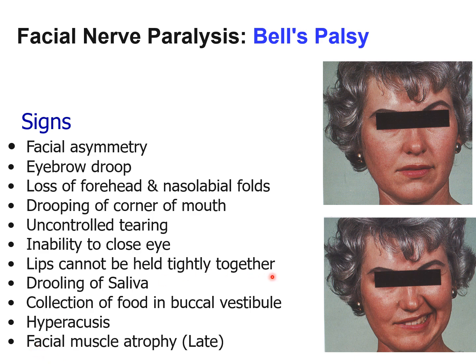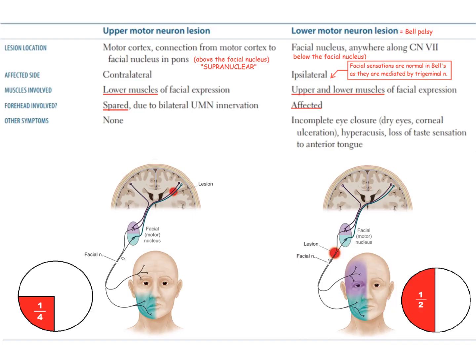And if the facial paralysis were to remain unresolved and untreated, persistent facial paralysis would lead to muscle atrophy. So the muscles of facial expression on the affected side would atrophy over a period of months and years.